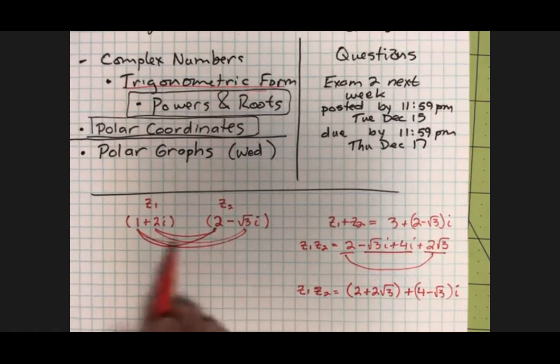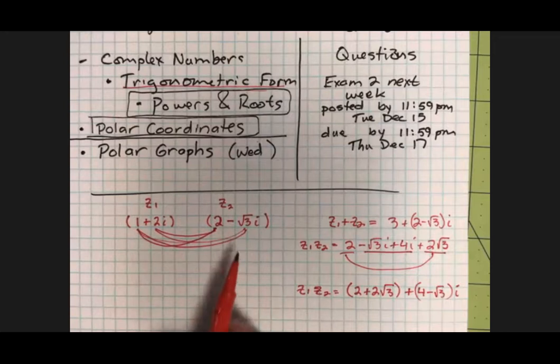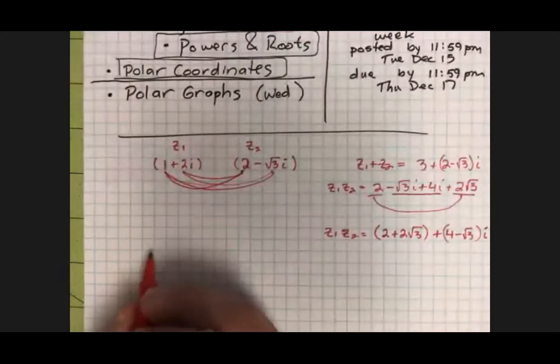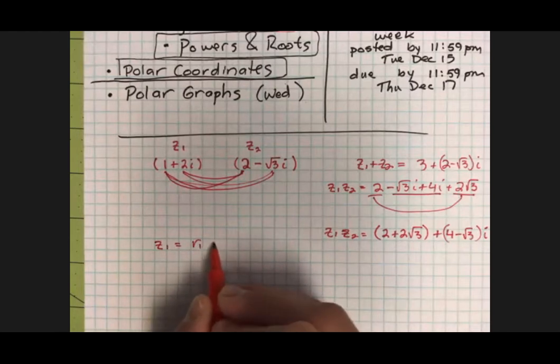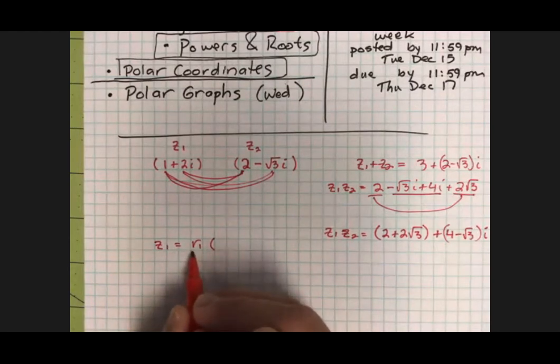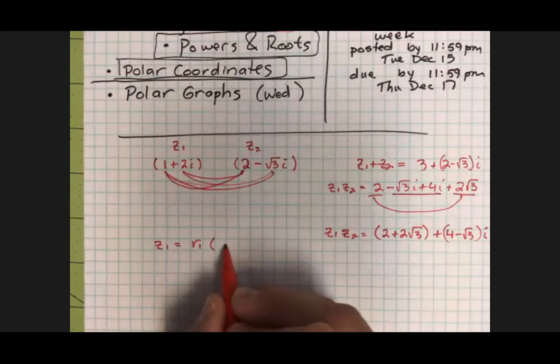But there was another way to write these called trigonometric form, where I just multiply by multiplying the radiuses and adding the angles.